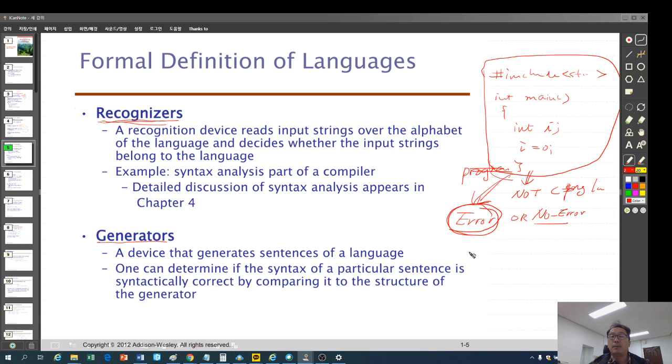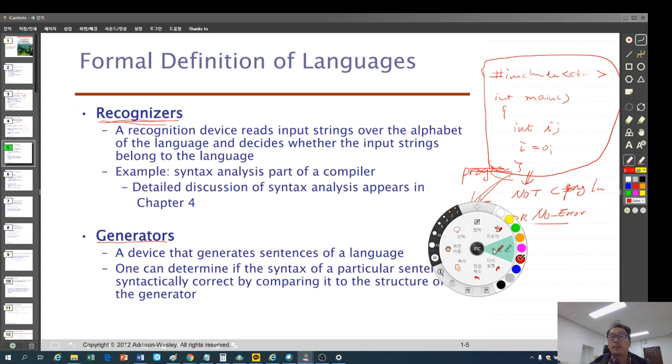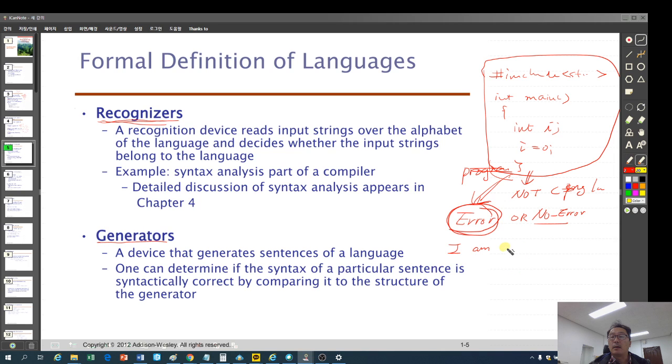Or let's say in English, if I write down "I am a student," then we know this is English, right?